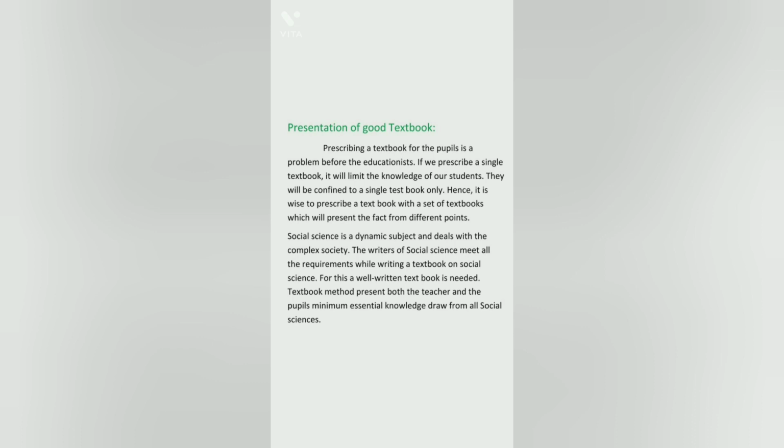I am telling you actually the main question related to textbook method. Here I have presented: enumerate the faults of writers of textbooks on social science and suggest remedies. What points should come to mind while framing a textbook? We have come to know that while writing a textbook, the writer should not write every event that has happened.